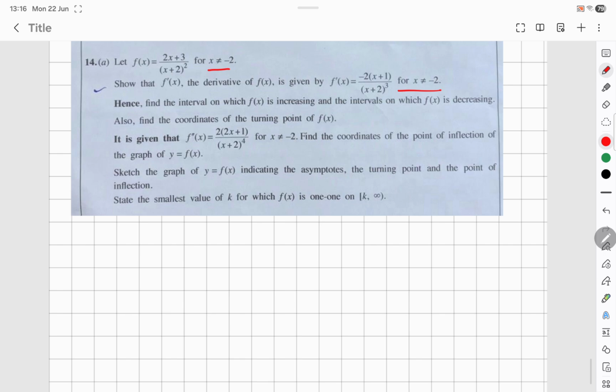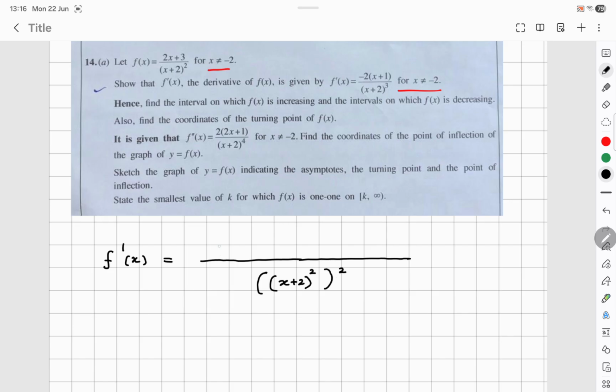So this is just a simple application of the quotient rule, right? So f'(x), so apply the quotient rule. (x + 2 squared) whole thing squared in the denominator.